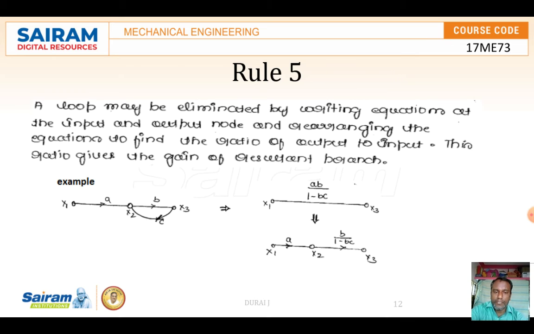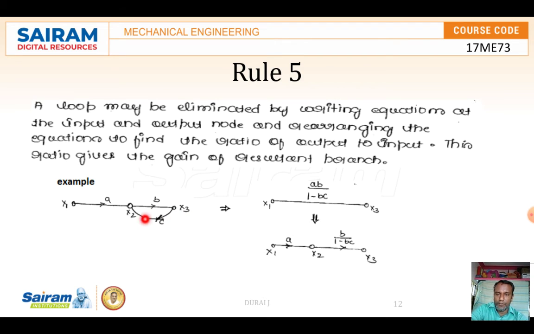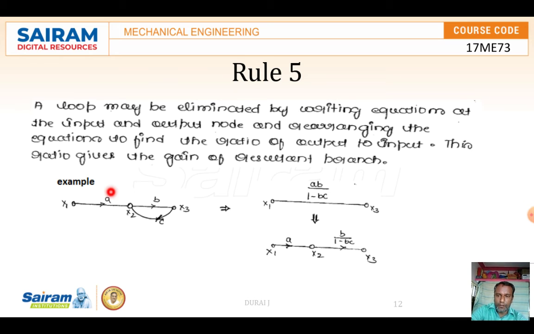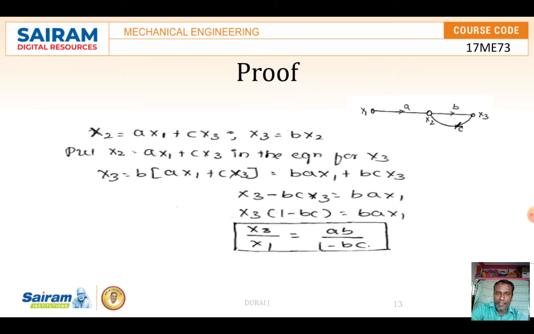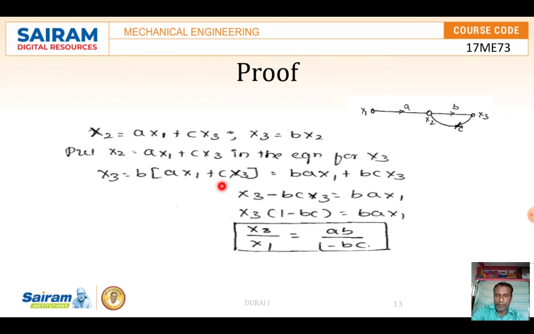How do these values come? We will check in the next one. Here, what is the x2 value? x2 is a x1 plus c into x3. And what is the x3 value? The output is b into x2, so x3 is b into x2. Substituting the x2 value, x3 is b into (a x1 plus c x3). This equation becomes ba x1 plus bc x3.